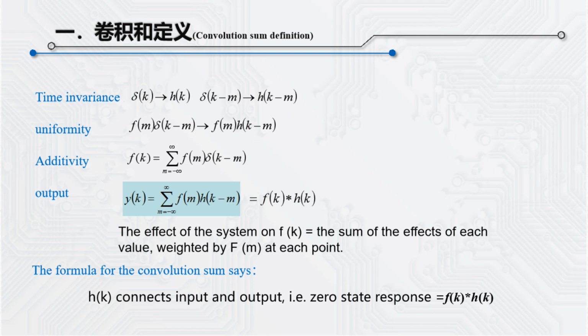So this y of k, you can see, is just the convolution of f of k with h of k. So this is the zero state response of the system. That is, in terms of the convolution sum, we can solve for the zero state response resulting from any excitation on an LTI system. This is an important conclusion.